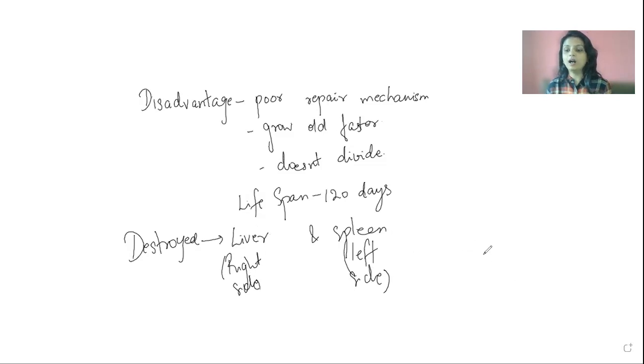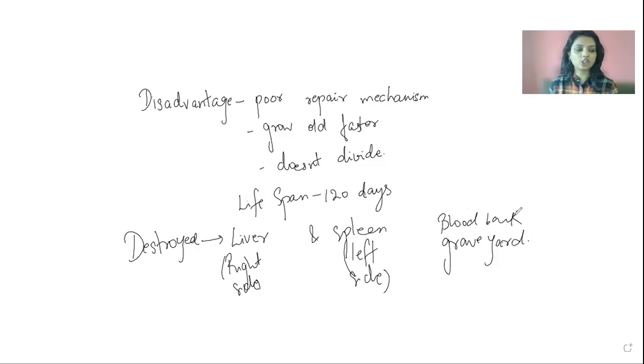So you can say the spleen is basically the graveyard, or in other words, it is even the blood bank. In the initial stage of life, it even helps in the formation of red blood cells, in the initial developmental stage, before the bone marrow is well developed.